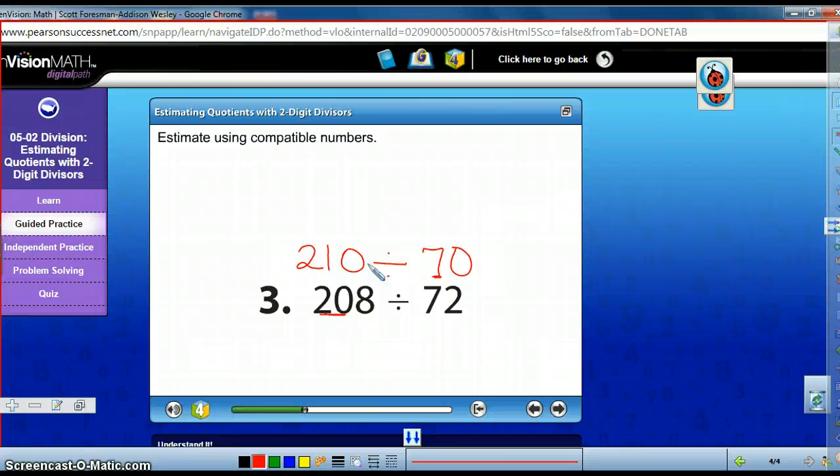So we have 210 divided by 70. 7 times what gives us 21? 3. Now, I'm going to check myself by multiplying here. 7 times 3 is 21 with 1 zero to get 210. So I know that it's just a 3, not 30.